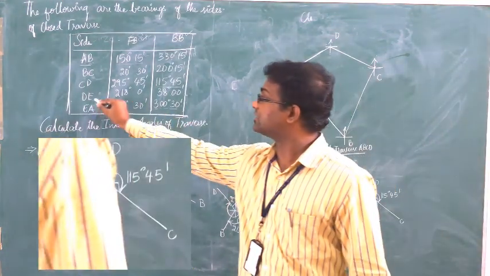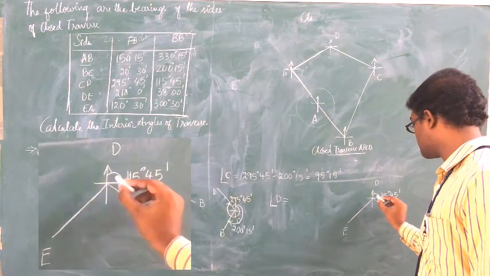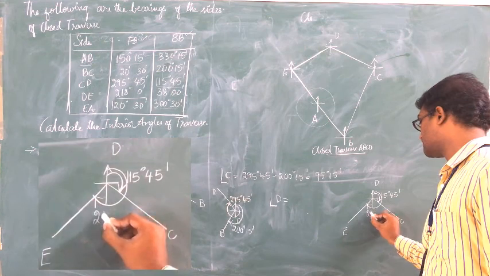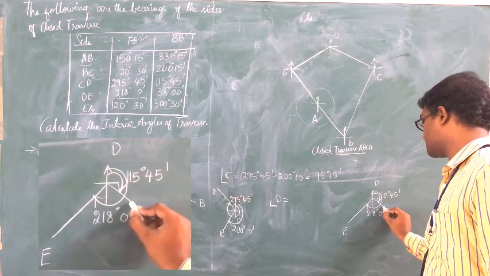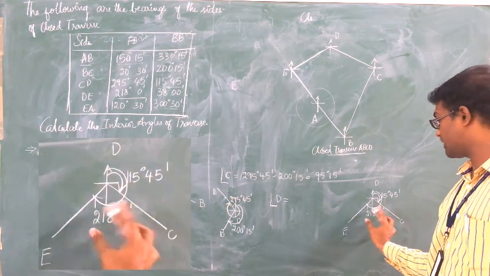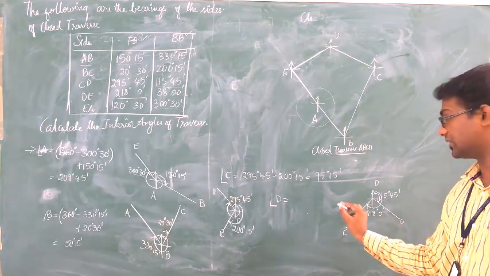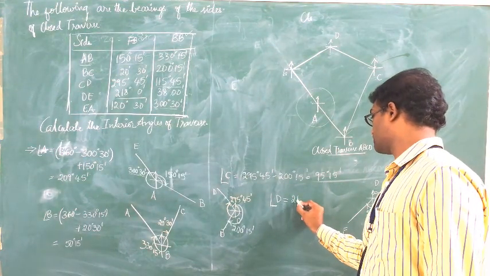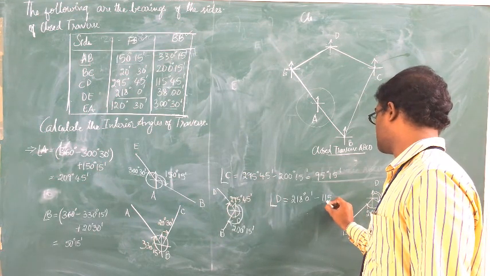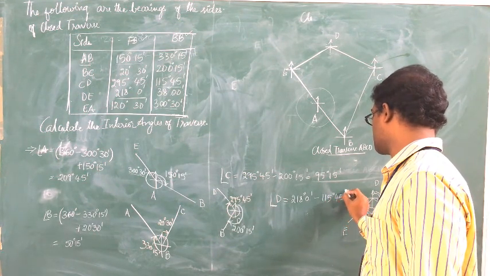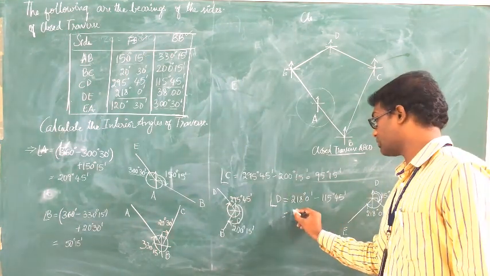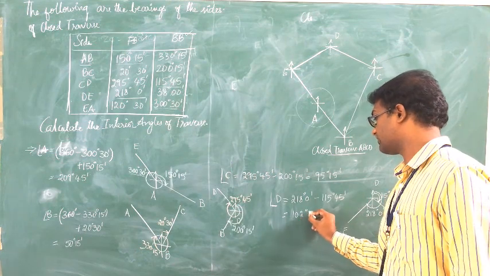Next is DE, 218 degrees 0 minutes. So if I remove 115 degrees 45 minutes from 218 degrees 0 minutes, then you will get angle D. Angle D you can calculate as 102 degrees 15 minutes.